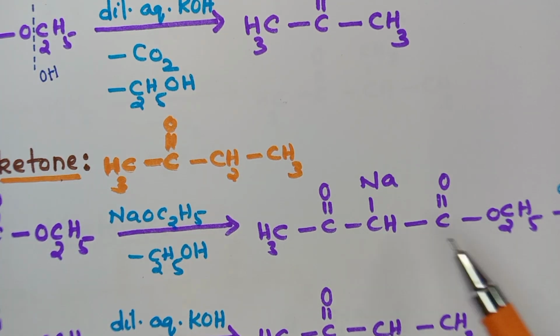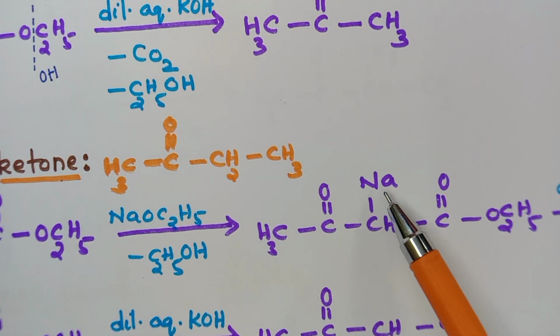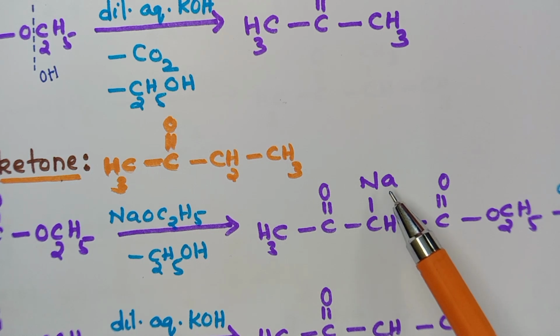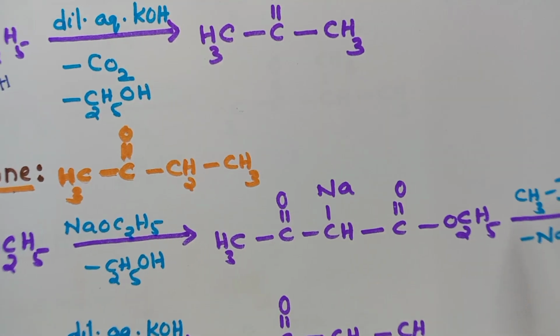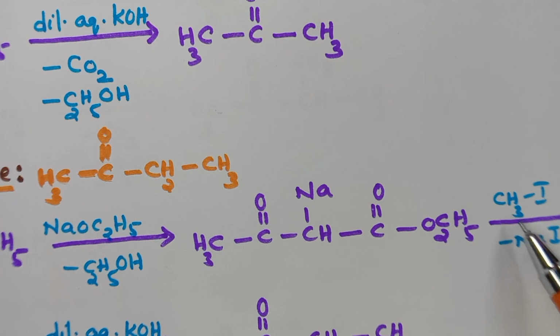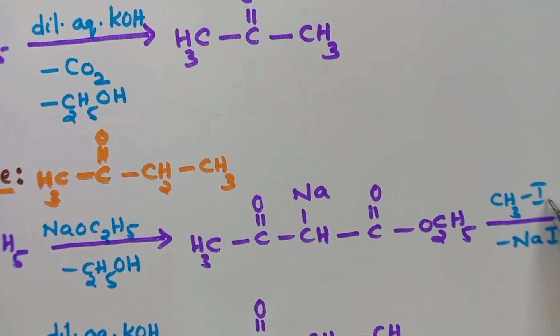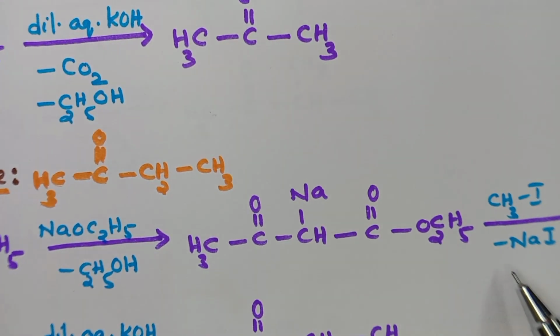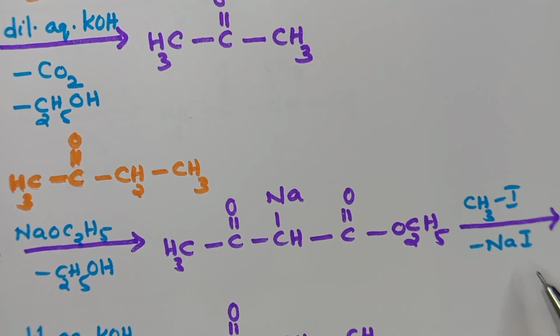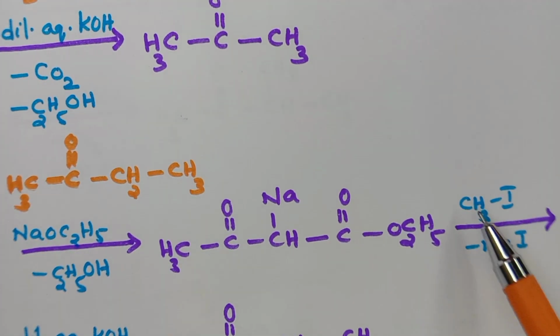Now this Na has to be removed and a methyl group has to be introduced. For that we are supposed to add methyl iodide. This I and this Na will come out as minus NaI. So put an arrow and write down CH3I, minus NaI.